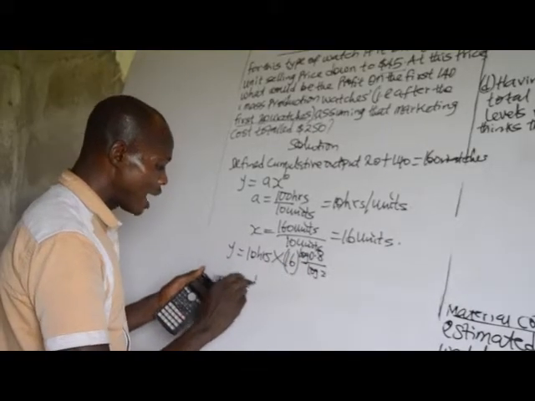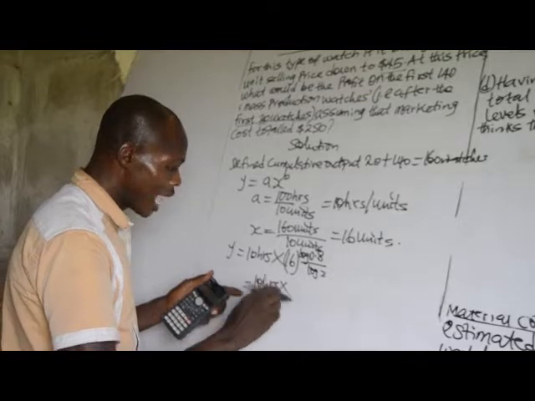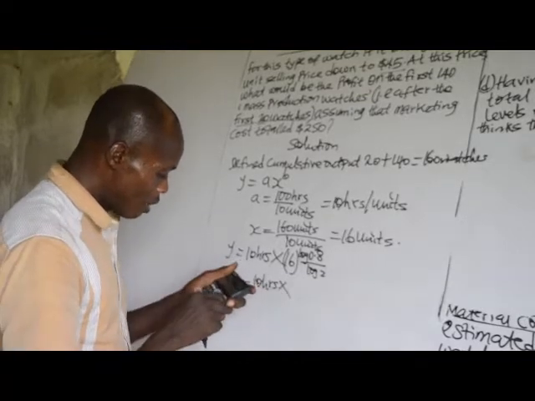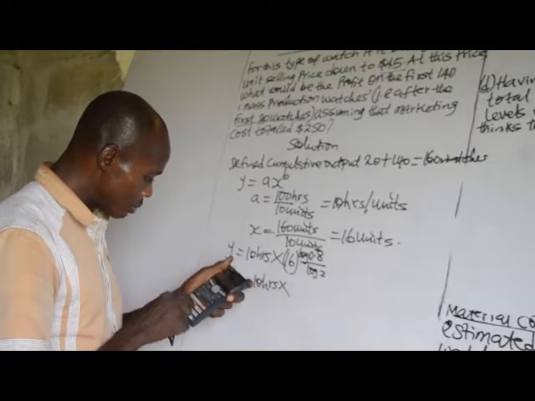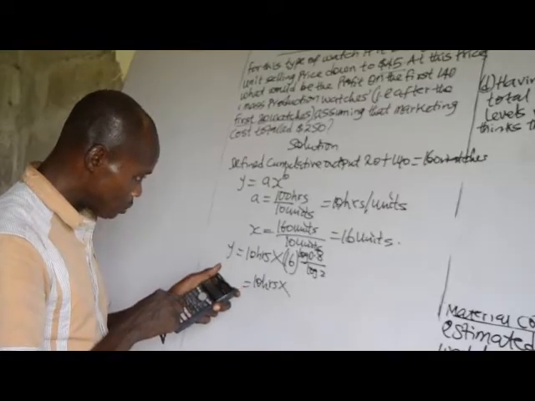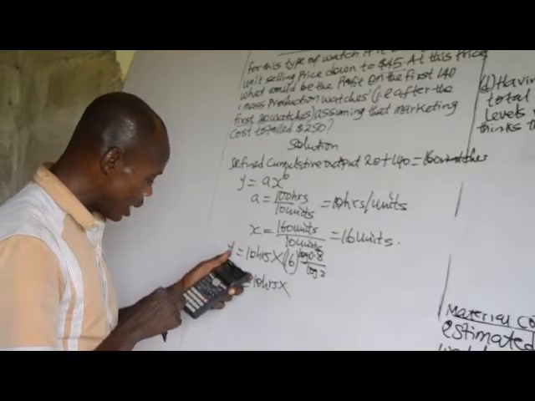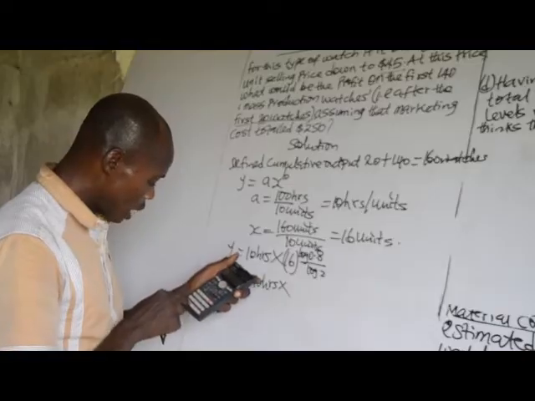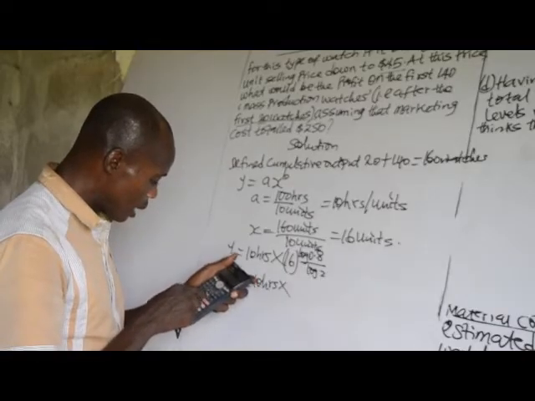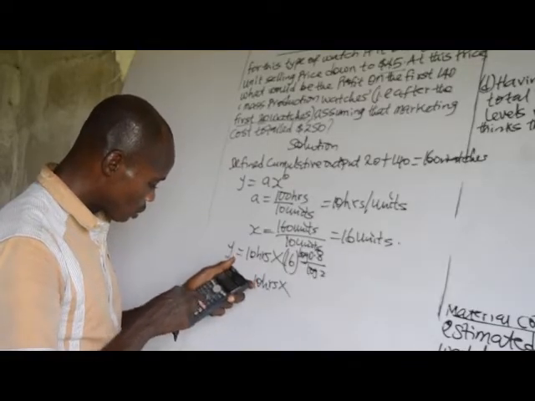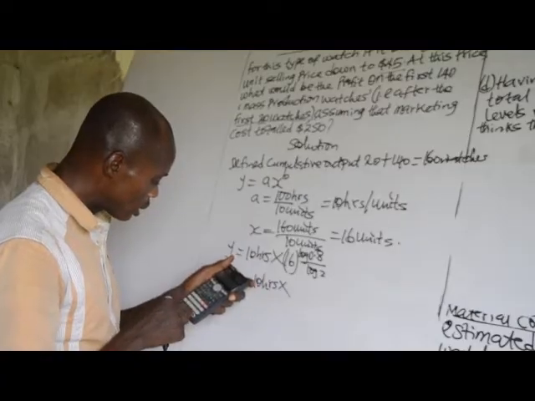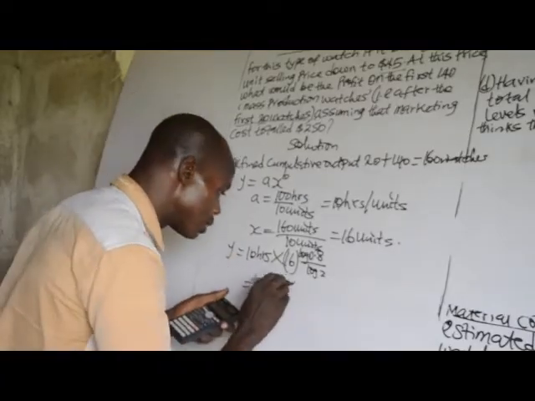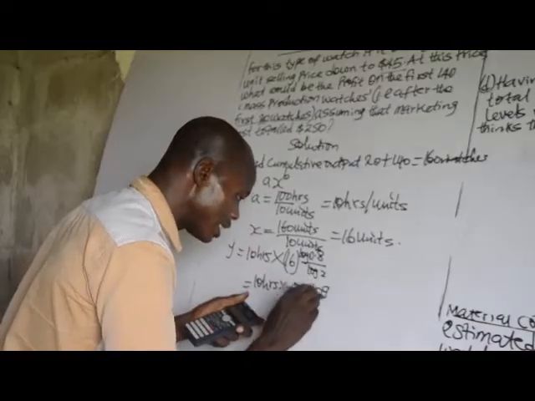That will be 10 hours times 16 raised to the log of 0.8 divided by log 2, which gives us 0.4096.